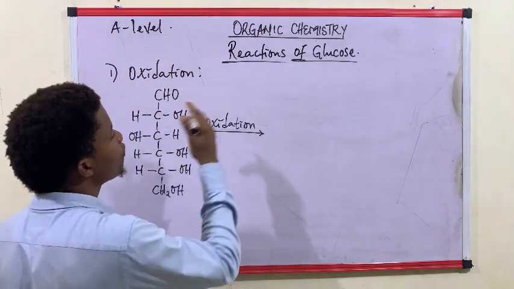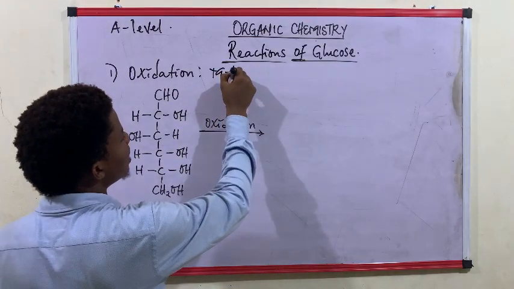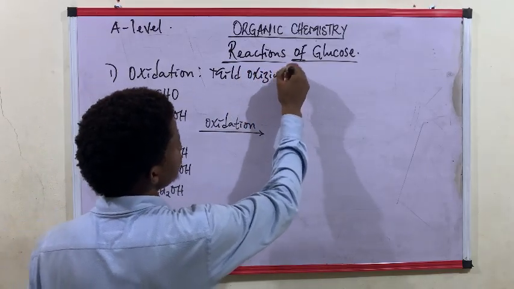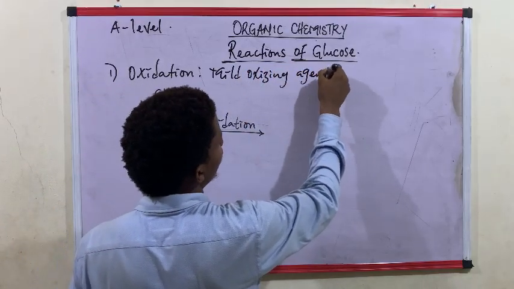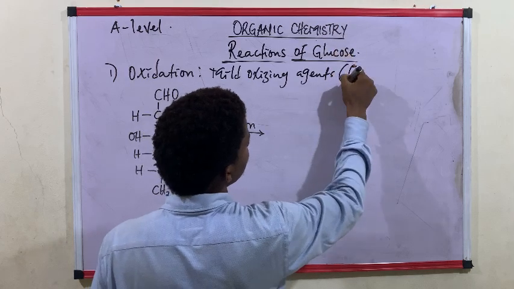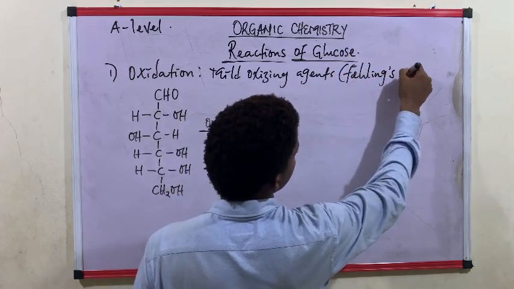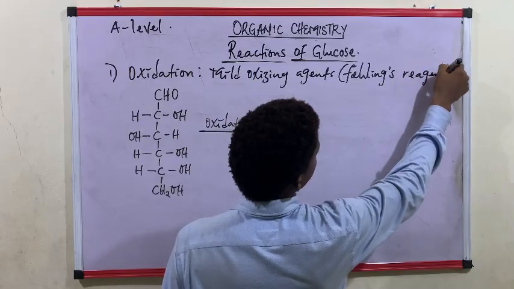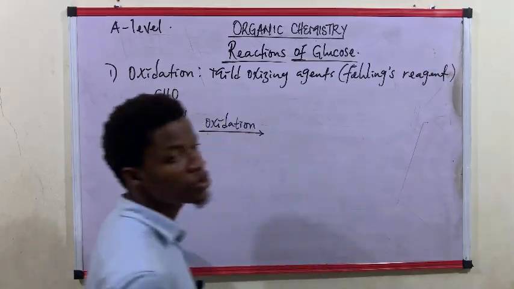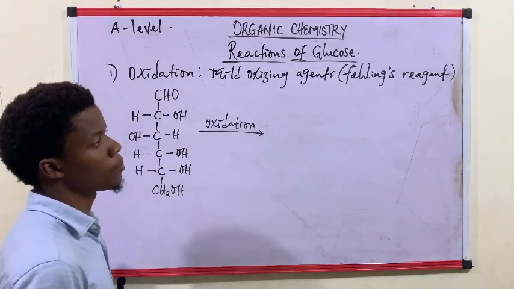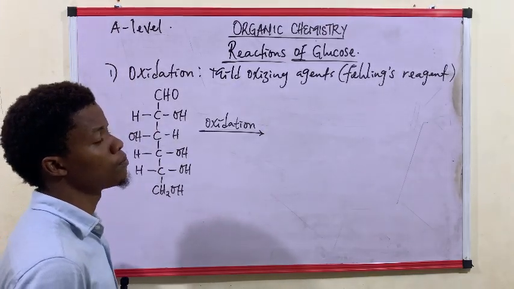Take for example, if we use mild oxidizing agents like the Fehling solution, the Fehling's reagent, or the Tollens' reagent, or even bromine in water.